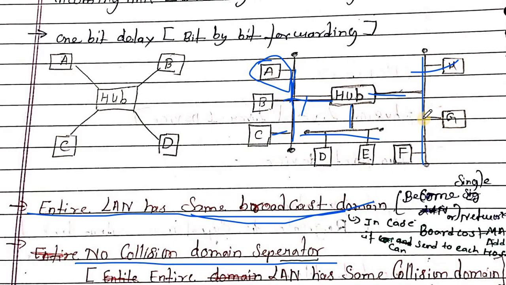Means if there is any collision in this entire given network, then the collision is detected by all the nodes, because the hub transfers the collision signal also to all connected nodes.